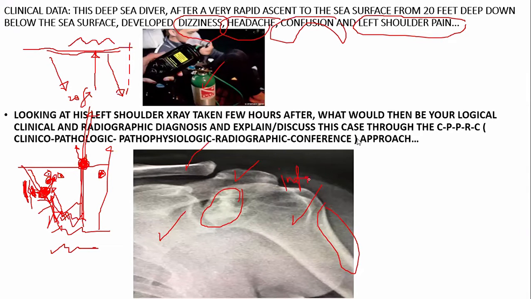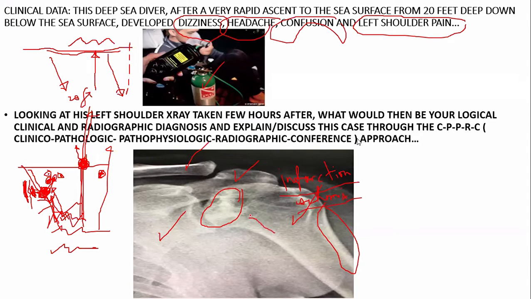When we say infarction, we mean death of a certain portion of the bone consequent to ischemia. When we say ischemia, there is a decrease in the blood supply in that area. Because of the decrease, that portion of the bone consequently died, therefore producing infarction. So what could have been the cause of the ischemia?